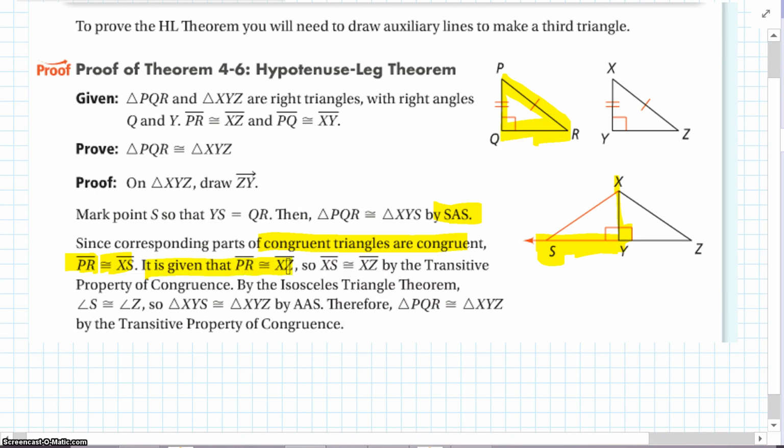It is given that PR is congruent to XZ, so XS and XZ are congruent by the transitive property of congruence. So, by the isosceles triangle theorem, angle S must be congruent to angle Z, so the triangles are congruent by angle-angle-side. Therefore, the triangles are congruent by the transitive property of congruence.